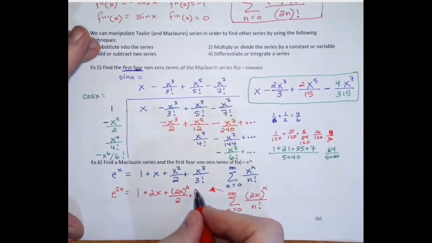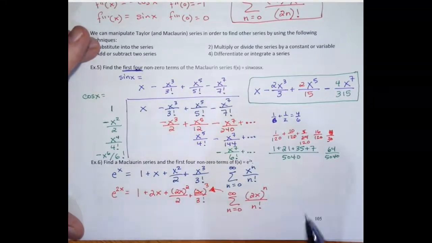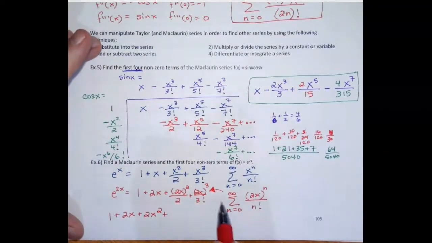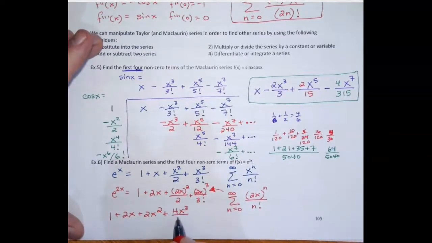And then this is going to be 2x cubed over 3 factorial. So that's going to be 1 plus 2x. This is going to be 4x squared, 4 over 2 is 2, so that's going to be 2x squared. And then here, this is going to be 8x cubed over 6. So that's going to reduce to 4x cubed over 3.